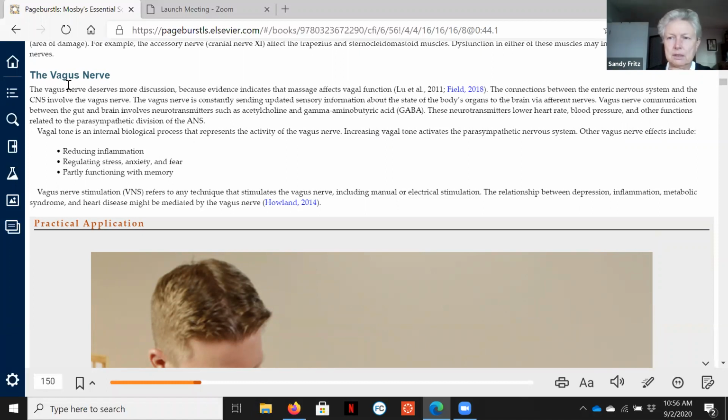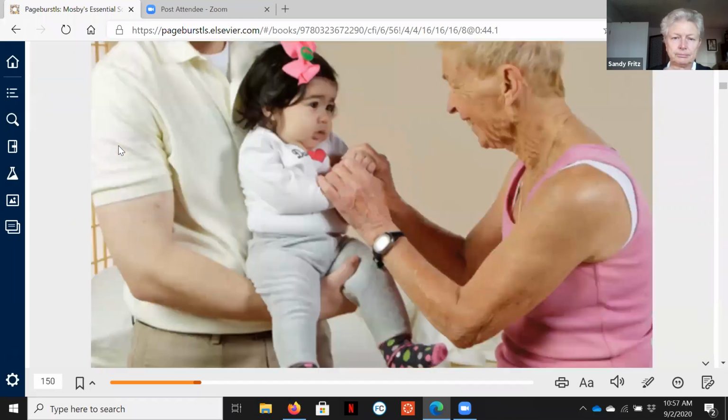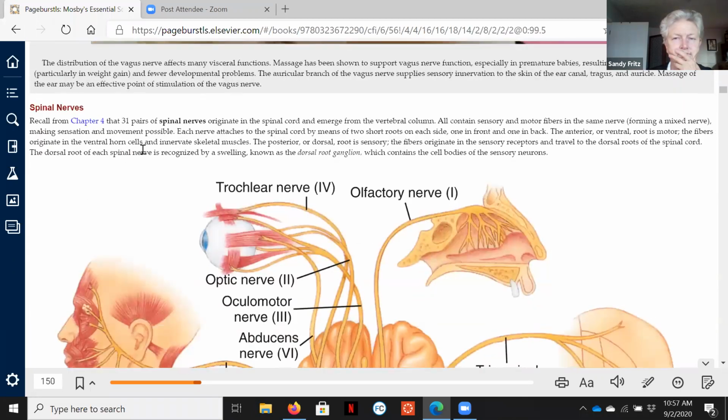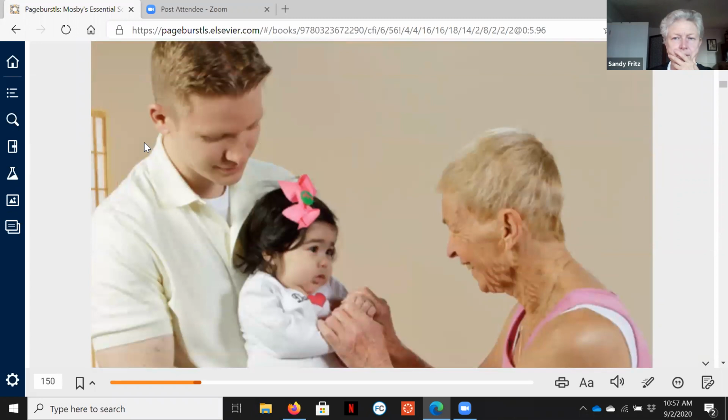Tiffany Field is a researcher that has looked at that maybe a mechanism of massage interface that causes benefit has to do with some sort of stimulation to this vagus nerve function. Sweet picture.